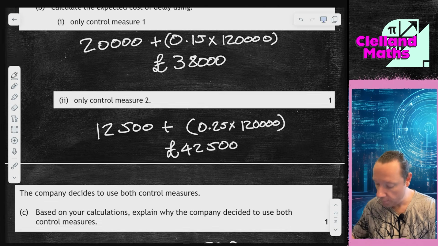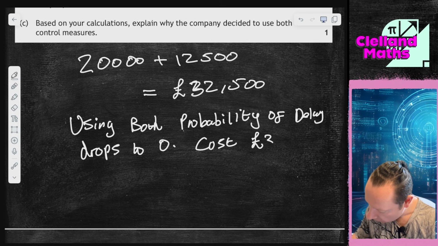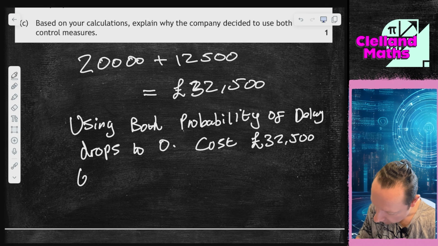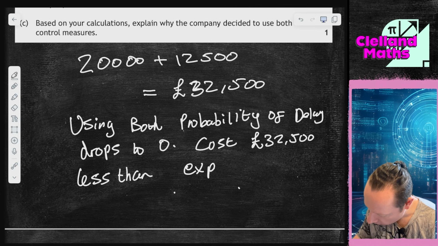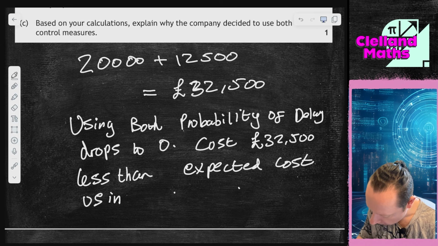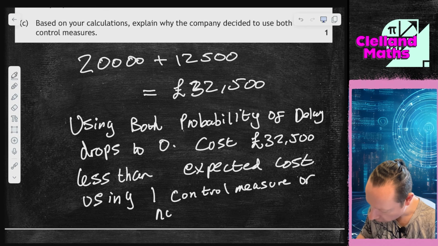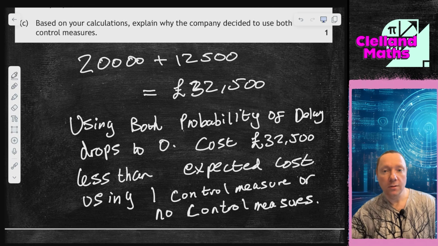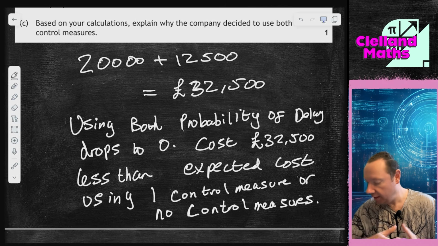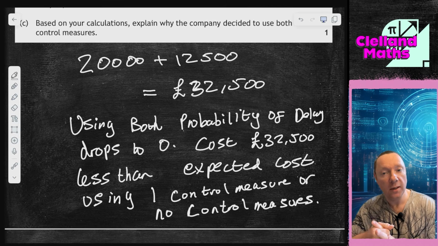You wouldn't add any of the probabilities in, which is less than the expected cost of using one control measure or no control measures. But it's still about expected costs. And there we are. So it's cheaper, expected at least, to just pay £32,500 and just do it properly.